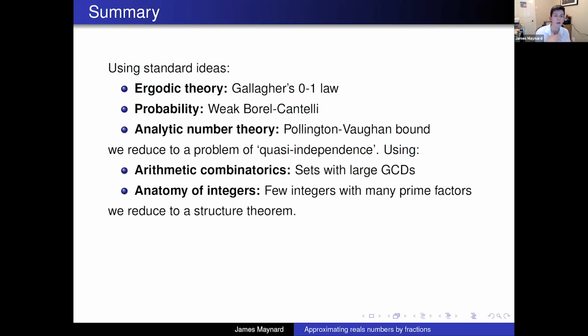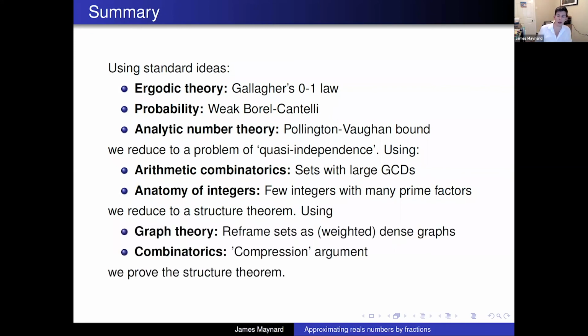But by reconsidering the whole problem as an arithmetic combinatorics problem to try and understand the property of pairs of denominators having large greatest common divisors, and by using ideas from the anatomy of integers to understand that for typical numbers, very few integers have many small prime factors, the whole problem is reduced to getting a structure theorem for sets of numbers with large GCDs between many of the pairs, where either they look like typical integers coming from this trivial construction, or the original set must actually be small.